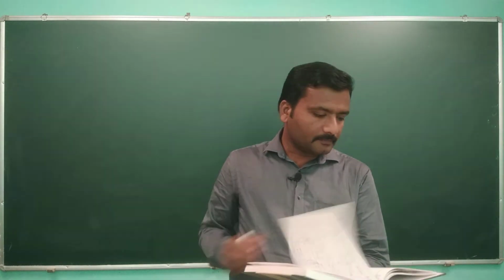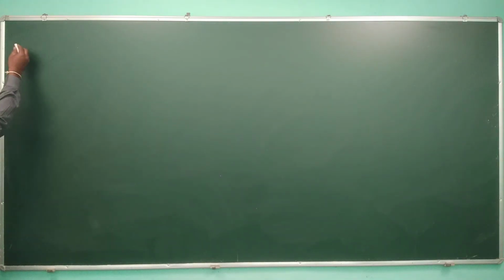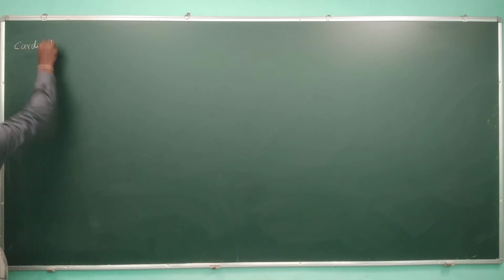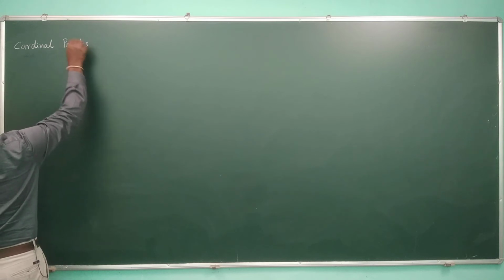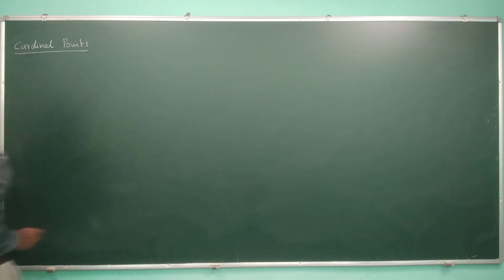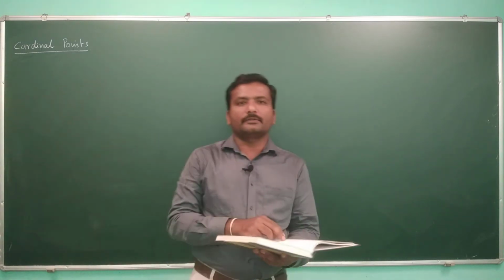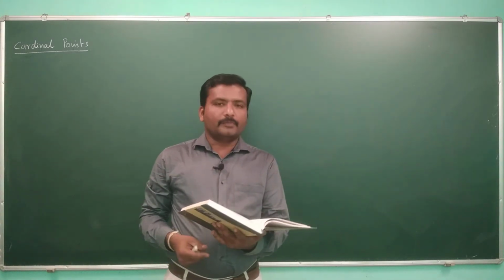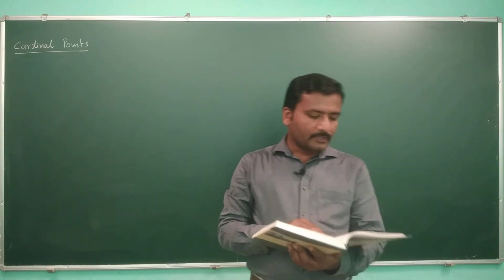So let me start from cardinal points. Cardinal points are nothing but a set of few points, and before defining what it is, let me tell you a small history.